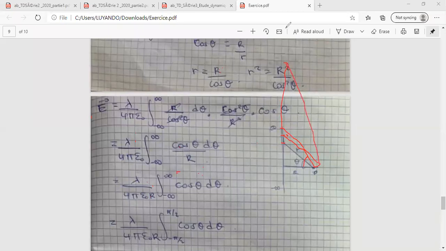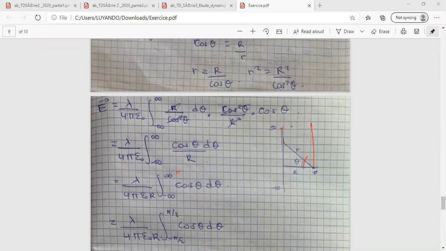So there's going to be a point along this line when our theta is going to be equal to pi over 2, and then we're going to have a 90-degree angle.